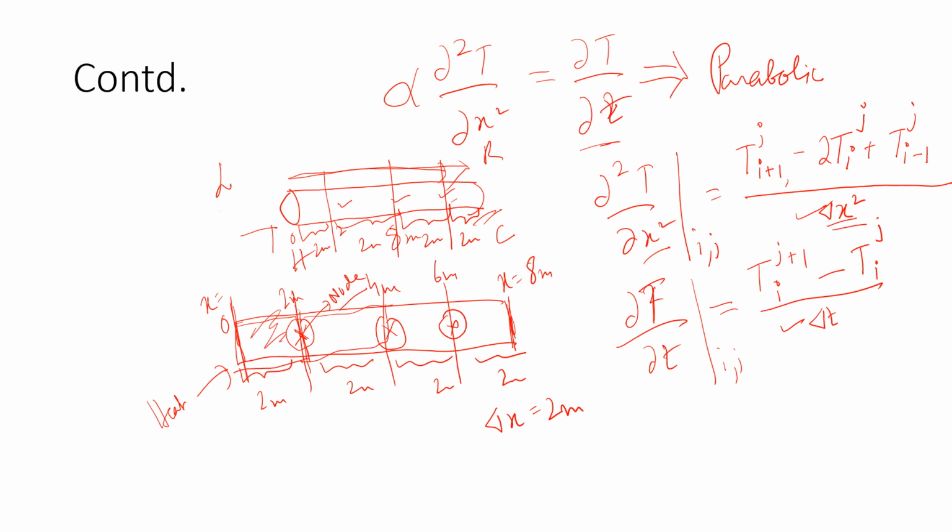after a certain time, after we apply the heat onto the left hand side of this rod. So if I apply this heat at t equal to 0th second, then we will be interested to know what is the temperature at these nodes and also this edge and also this edge after suppose 3 seconds, after 6 seconds, after 9 seconds, and so on.